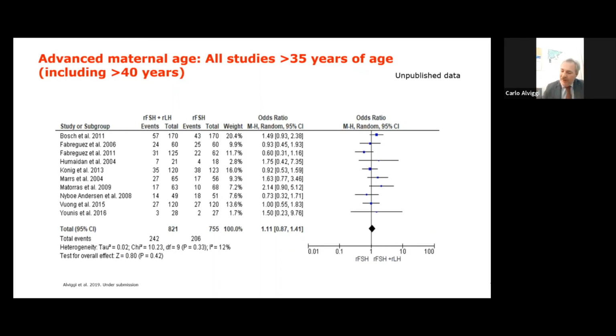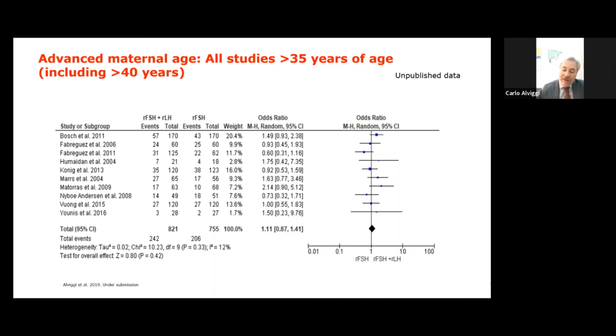So when you are between 35 and 40, you still have an acceptable ovarian reserve, and the rate of aneuploidies is still acceptable. So if you give LH, you probably improve something in the cytoplasm, in the biological activity of oocytes, something probably at a different level, and so you probably counteract the lack of androgens, which is typical of this window of age.